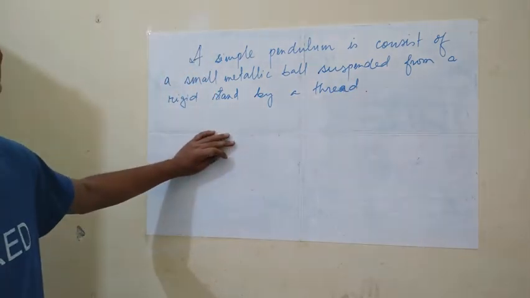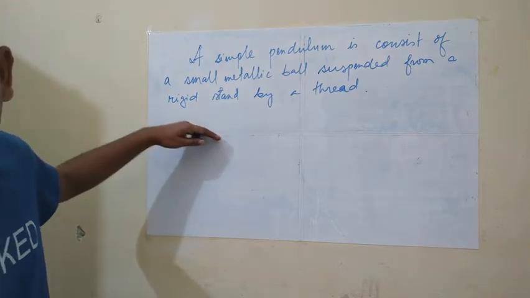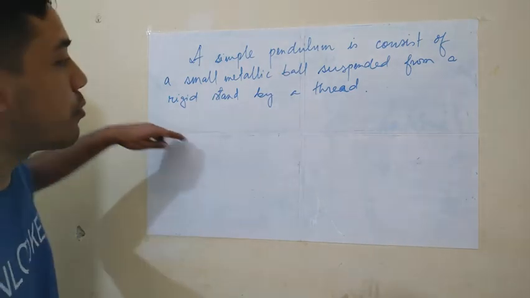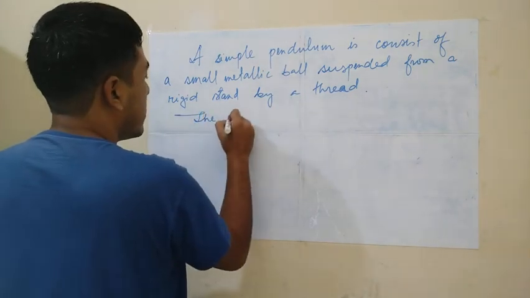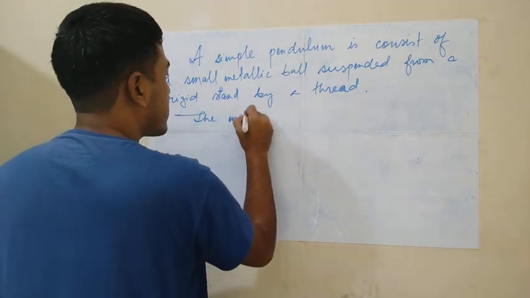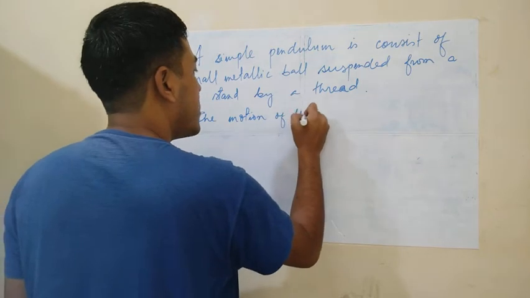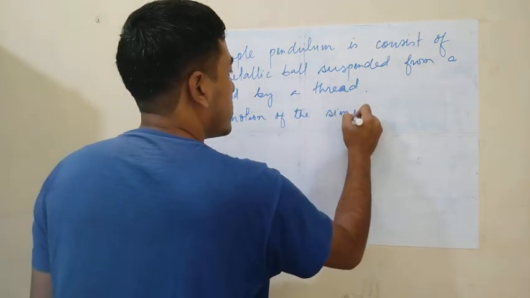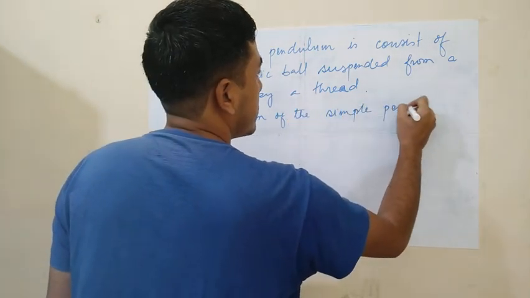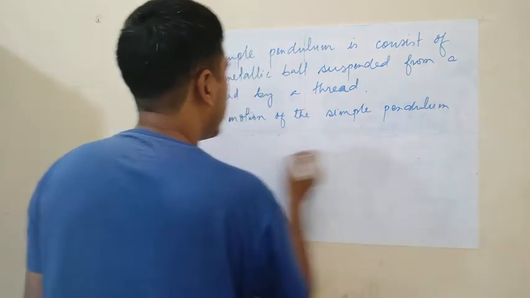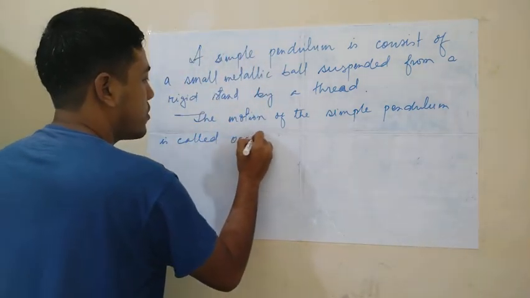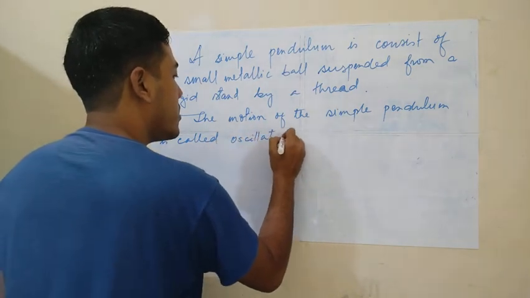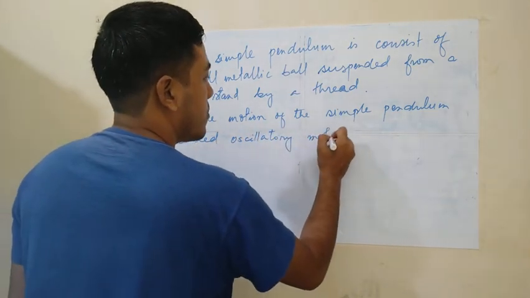The motion of the simple pendulum is called oscillatory motion.